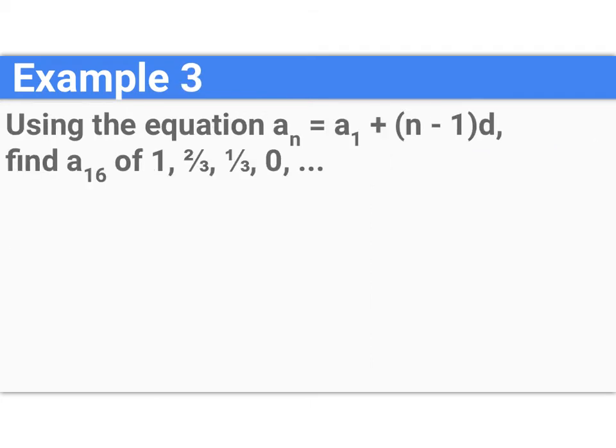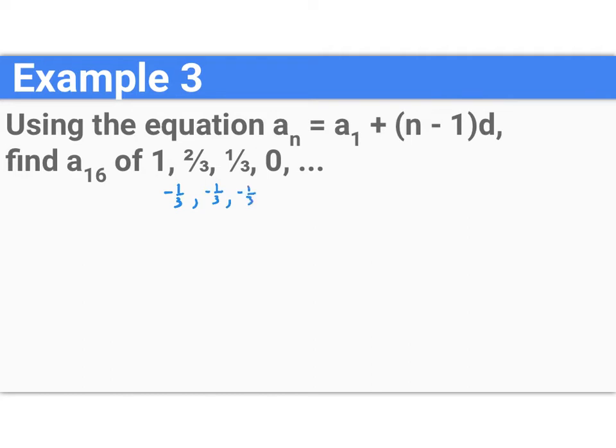All right, so let's deal with our third example. Using the equation an equals a1 plus n minus 1 times d, find a16 of the series. So it looks like we're subtracting 1/3. That's the common difference.